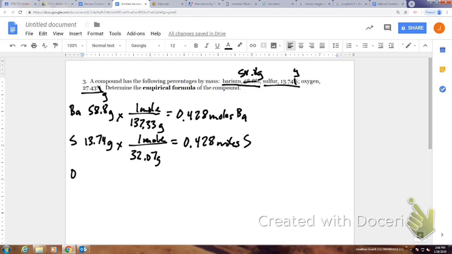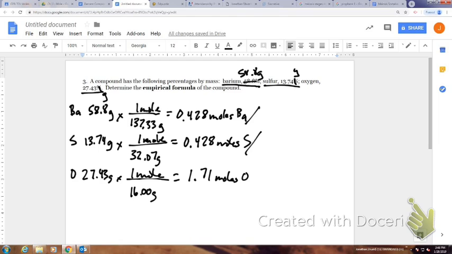And then for oxygen, it looks like 27.43 grams. So 27.43 divided by 16 gives us 1.71 moles of oxygen.